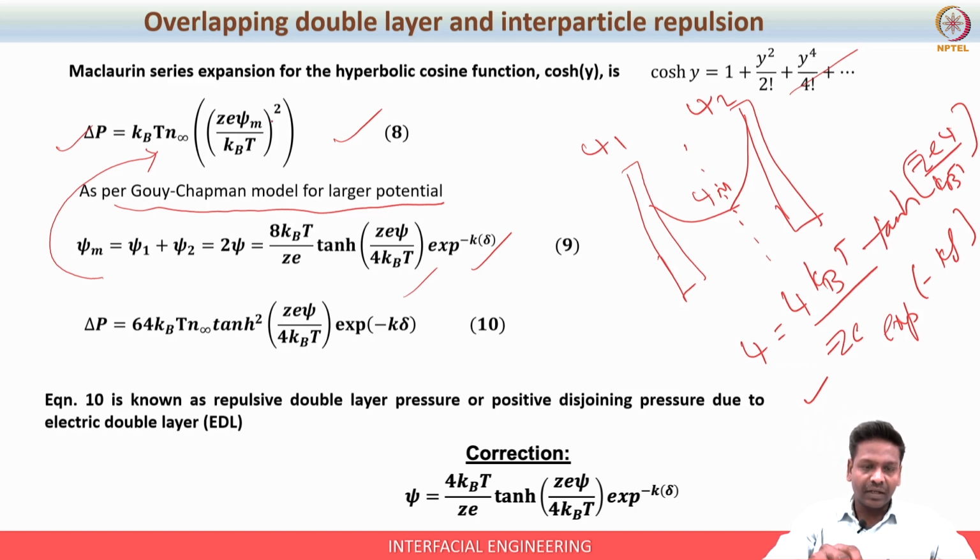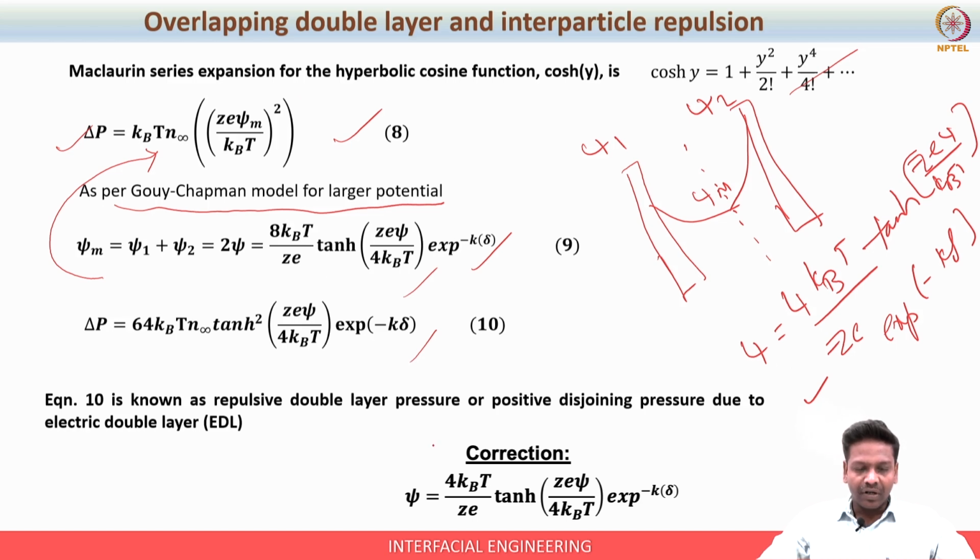When you substitute back here, you get this equation, that is 64 kBT n infinity tanh squared(Zeψ/4kBT) exp(-κδ). This is the equation we obtain after substituting the psi m into equation number 8.